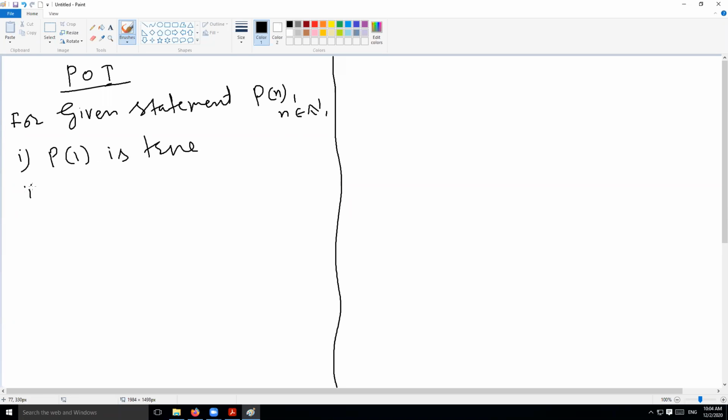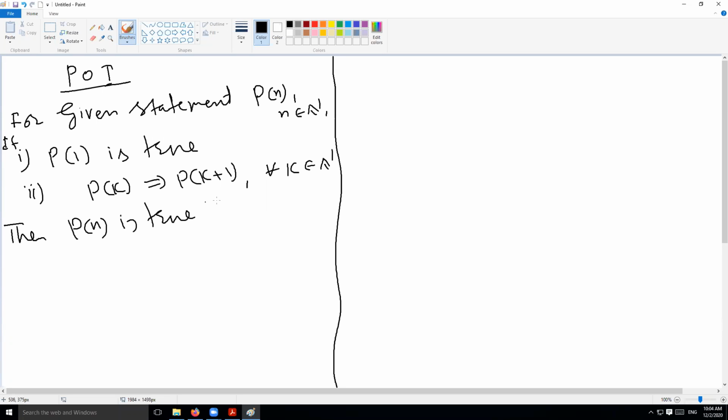Number two, P of k implies P of k plus 1, for any k that is a natural number. If these two conditions are true, then P of n is true for all n in N. That's really the principle of induction.